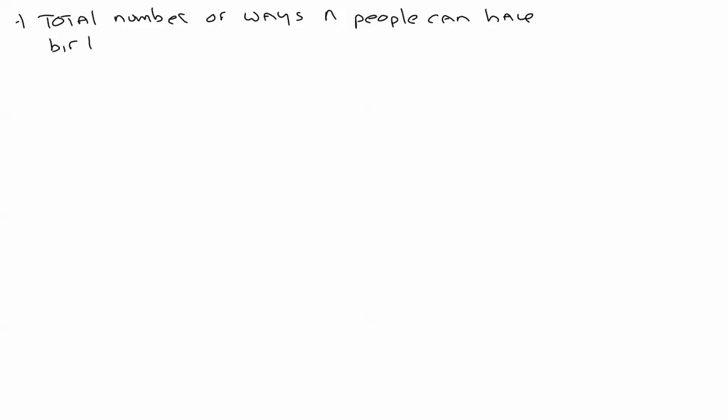First thing, the total number of ways that N people can have birthdays is 365 raised to the nth power.